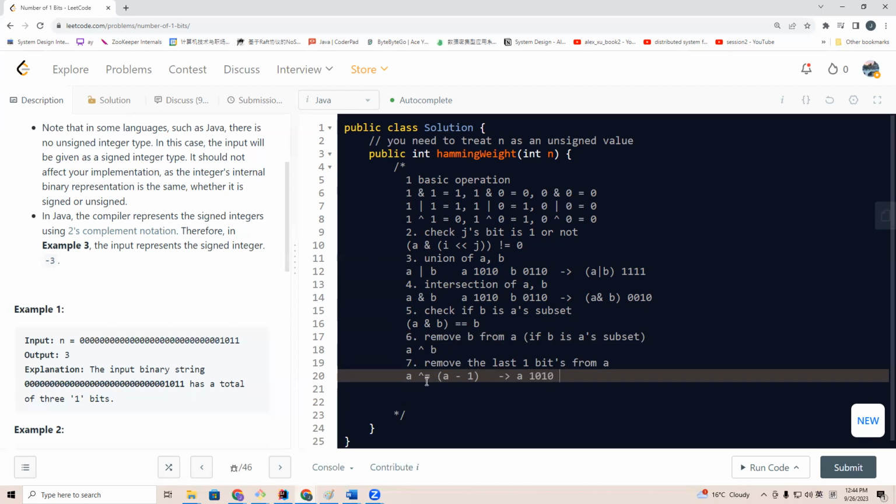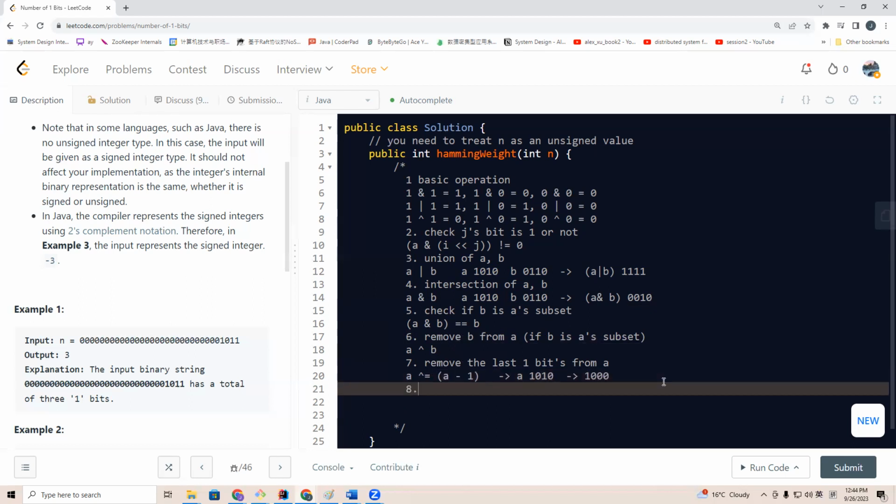After we take A minus 1, which is 1001, and AND it, what we get is 1000. So that removes the last 1 bit.